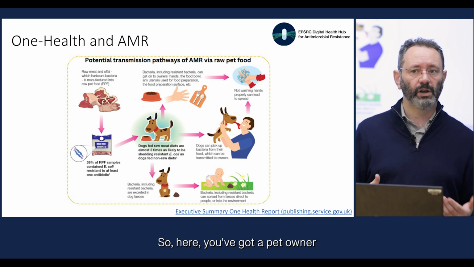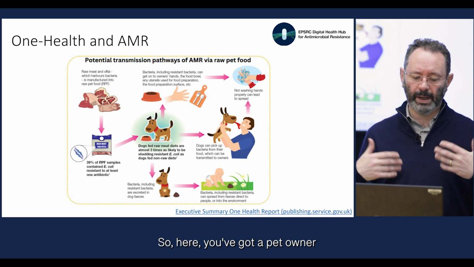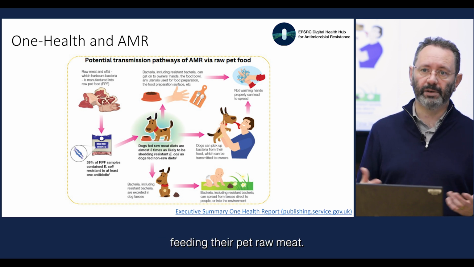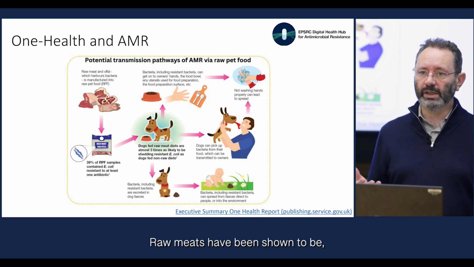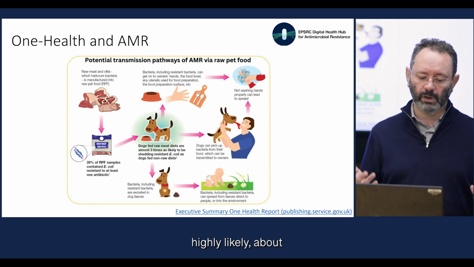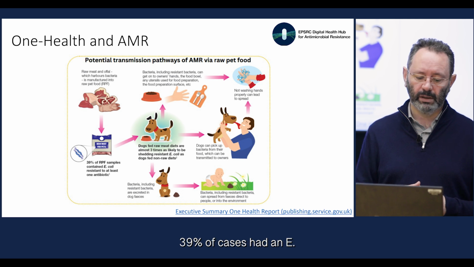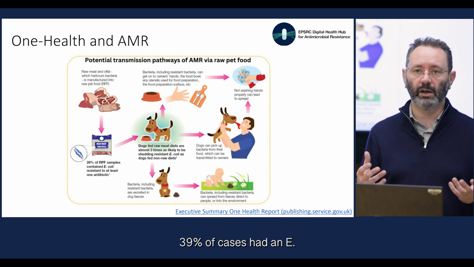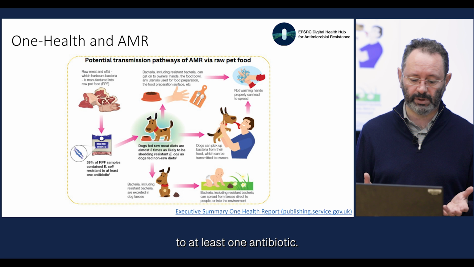So here you've got a pet owner feeding their pet raw meat. Raw meat has been shown to be highly likely to carry resistance, about 39% of cases had an E. coli that was resistant to at least one antibiotic.